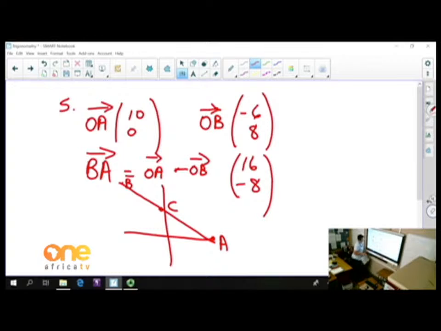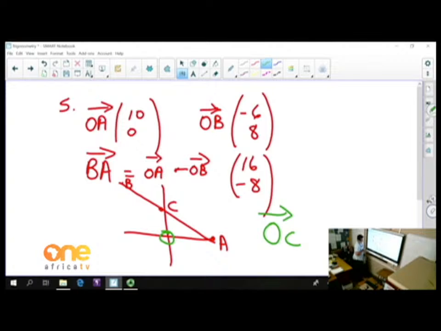Now, I have to find the position vector of C. So eventually, I want to find OC, because that's the position vector from the origin.